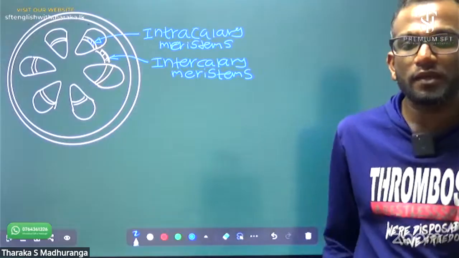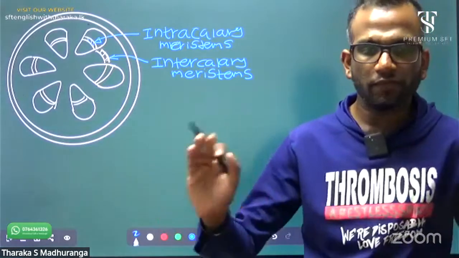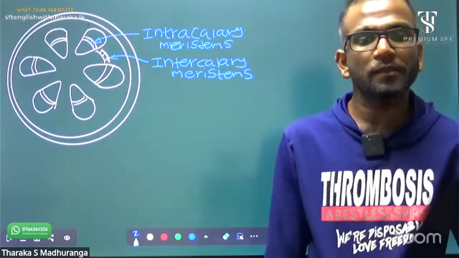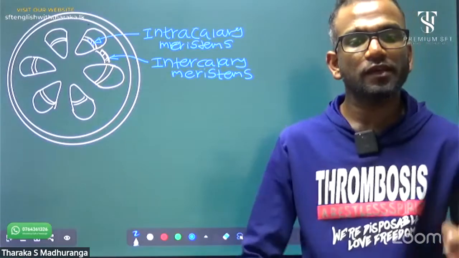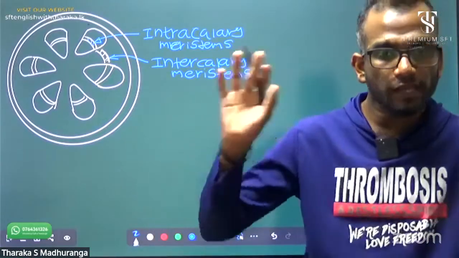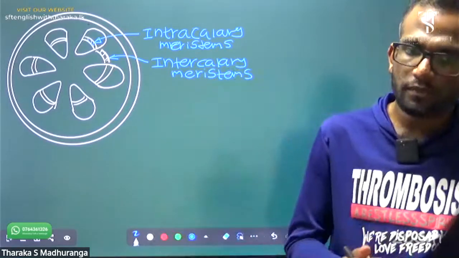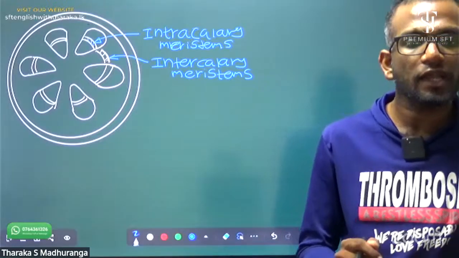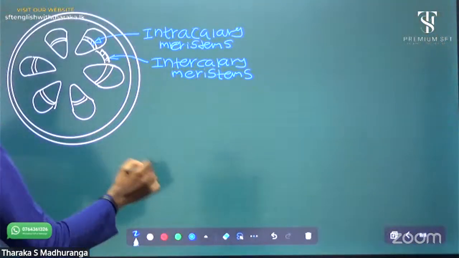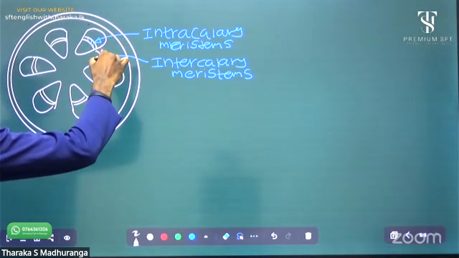Now what happened when they matured and completed the primary growth? They start the secondary growth. When starting the secondary growth, this intercalary and intracalary meristem development starts.